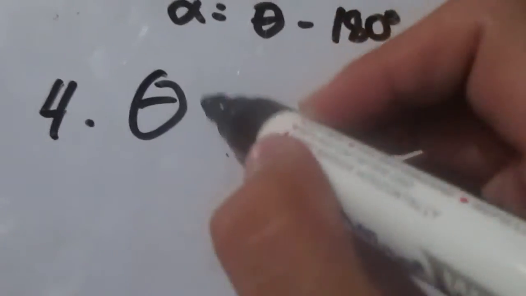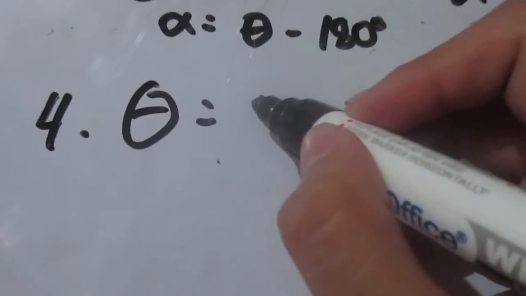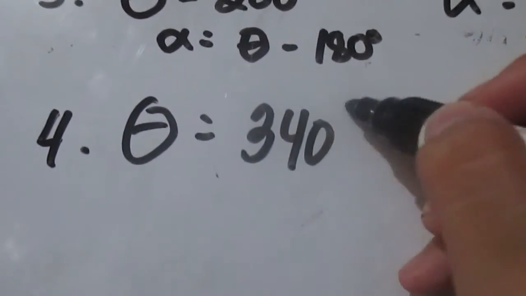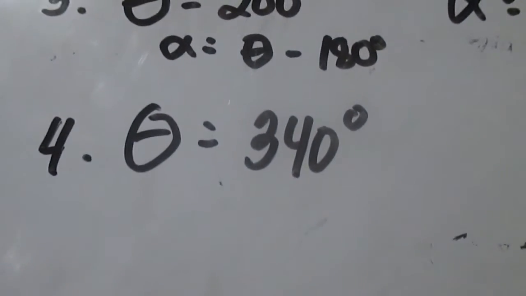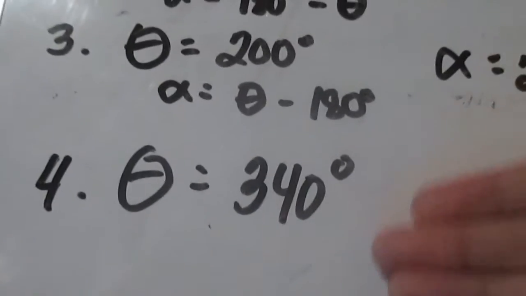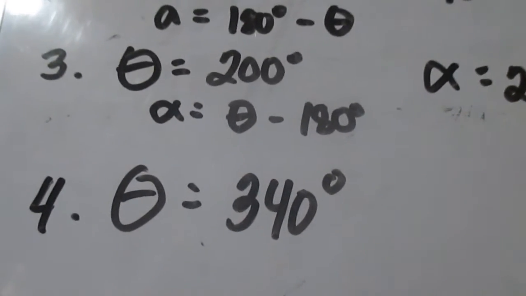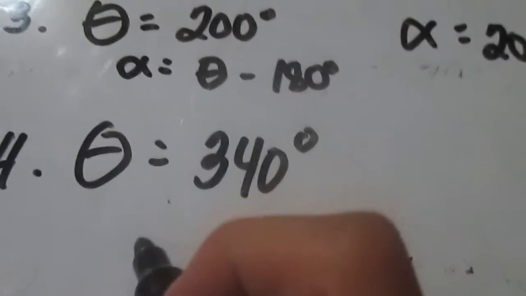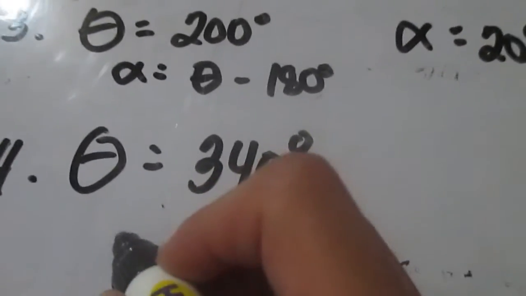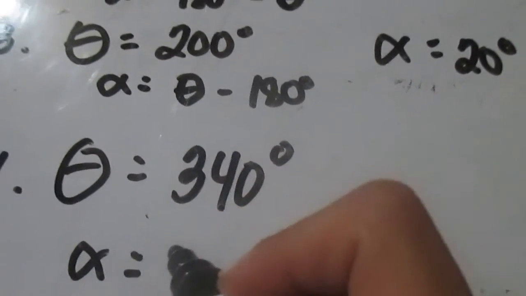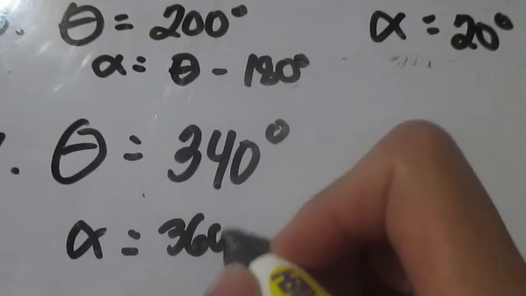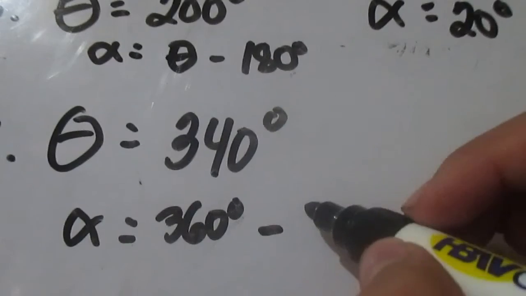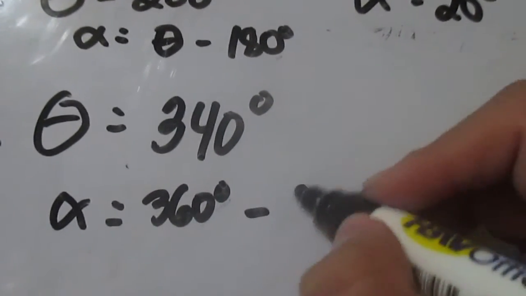Next. Okay, last. For number 4, we have theta equal to 340 degrees. And 340 degrees is located in quadrant 4, so we have the given equation: the reference angle is equal to 360 degrees minus theta.